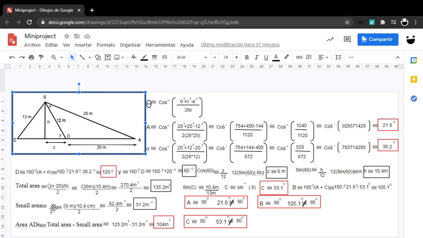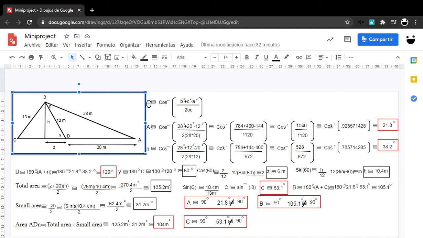And the second area is equal to 6 times 10.4 meters over 2, and that's equal to 31.2 meters squared. And the area of ADN is equal to the first area minus the second area, and that is equal to 104 meters squared.